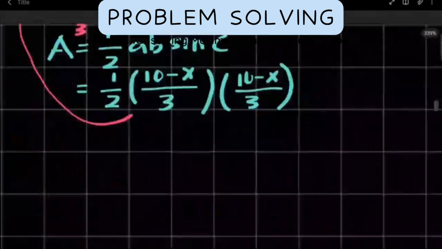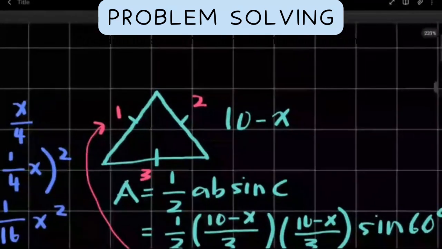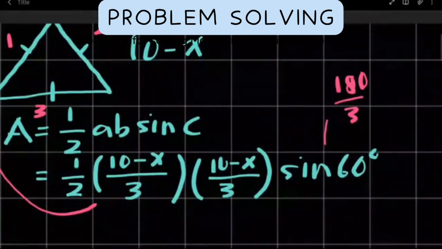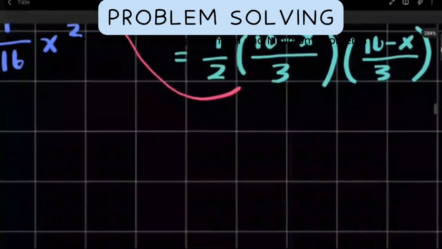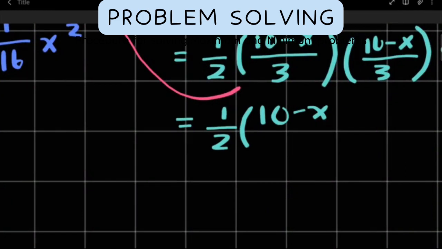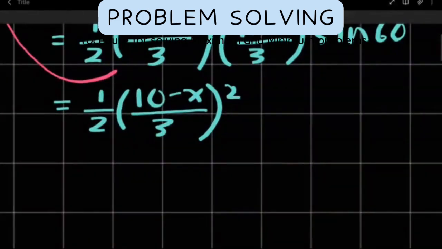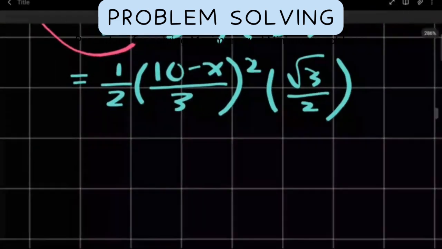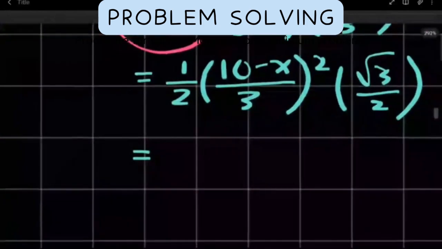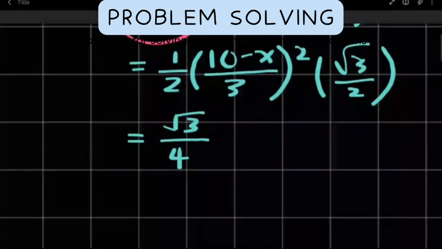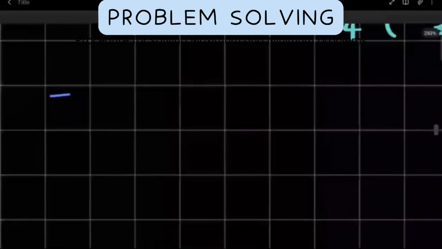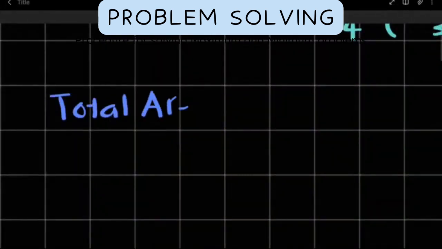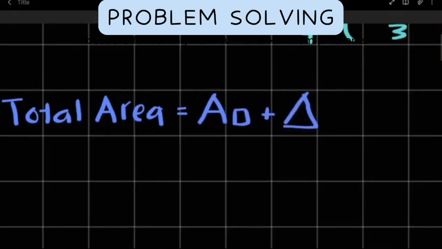To find the area of the triangle, we are going to use the sine rule, which is 1 over 2 ab sin C. We are going to substitute the value of (10 minus x) over 3 into that formula and we will obtain the answer 3 over 4 multiplied by ((10 minus x) over 3) squared.